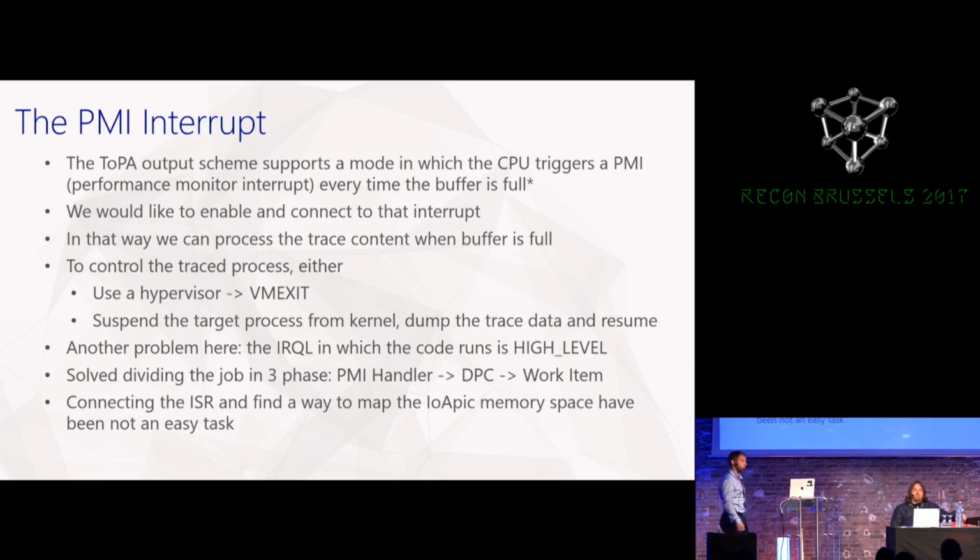When the PMI interrupt is raised, we suspend the target process, dump the physical memory, and then resume. We had some problems in implementing this because, as you probably know, all the interrupts inside the x86 architecture run at a very high IRQL. And this is quite a problem because from that code you can't do quite anything.